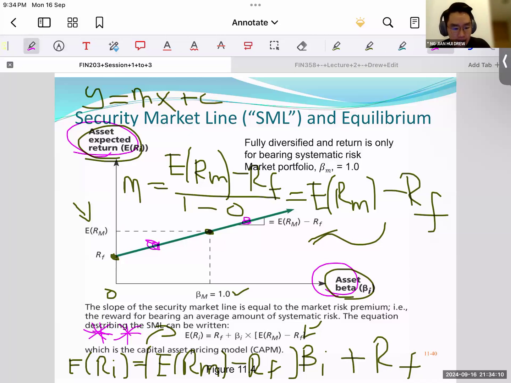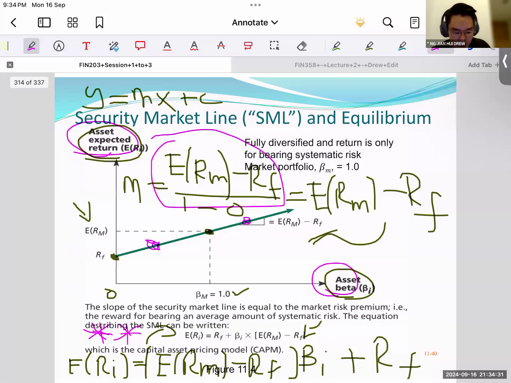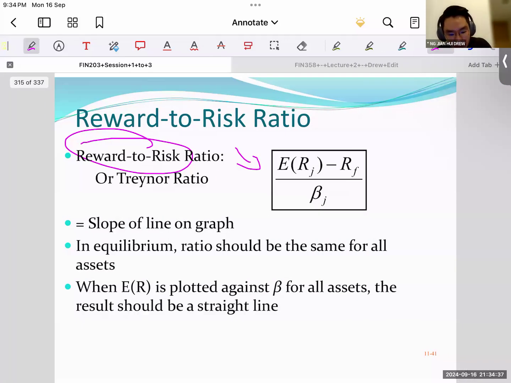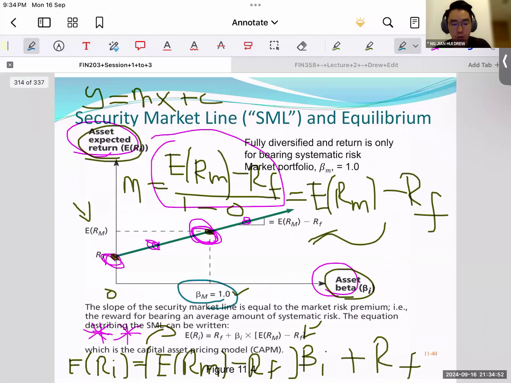And this gradient M here gives you this thing called the risk and reward ratio. It's exactly the same as the gradient, ERM minus RF, because we use the market point here and RF. But if we are using a random point J, it's just ERJ minus RF divided by beta J. In the previous example, because we use a specific point of one, it's easy.